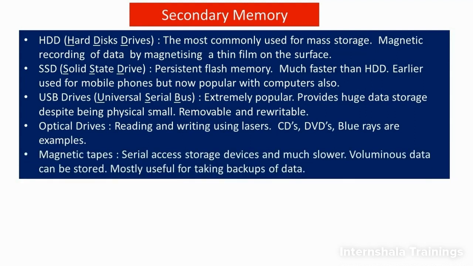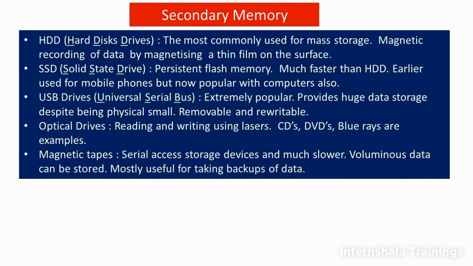Then magnetic tapes. Magnetic tapes are serial access storage devices. By serial access, I mean that if there are n number of records and you want to access a particular record, suppose at the 10th location, you cannot access it directly.